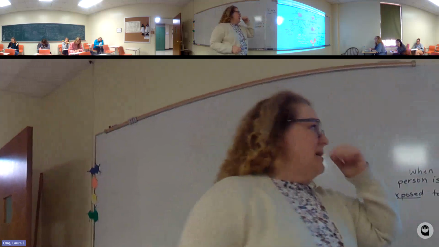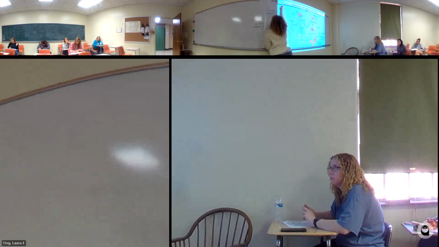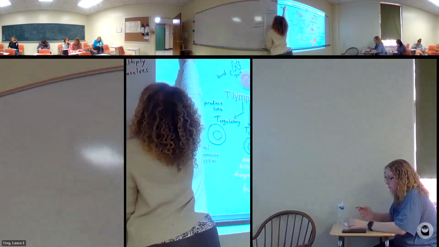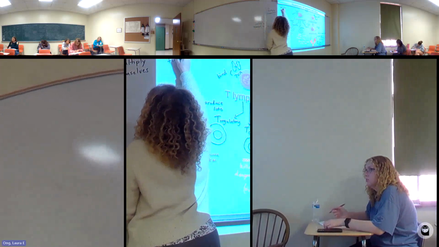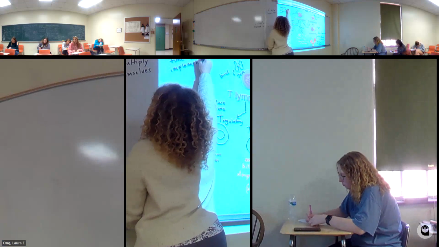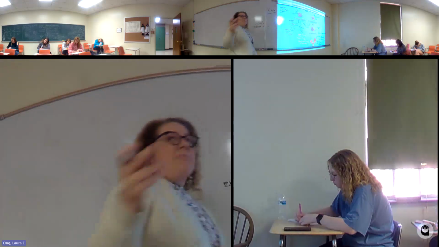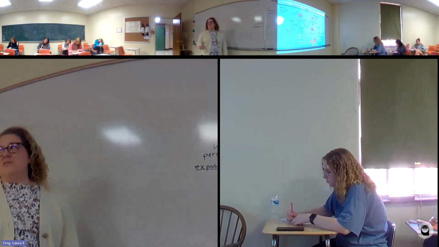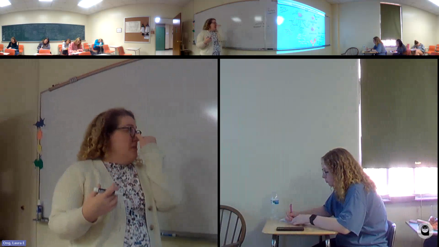And doing this stuff and dividing the cells and making the antibodies and all of this, all of this stuff takes time to implement. It doesn't happen right away because it depends on cell divisions and it depends on cell communication.